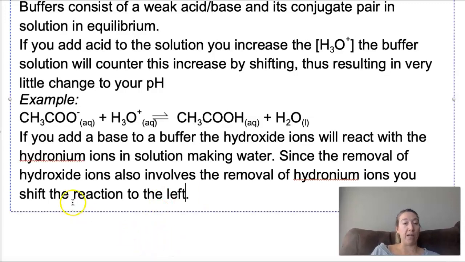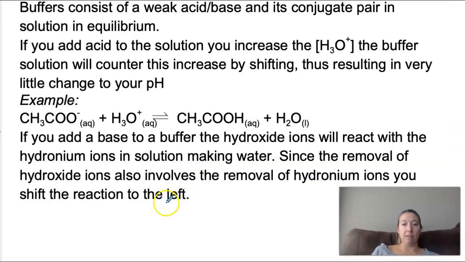And obviously I didn't write it the other way, so sorry. But if you could change that down here so that it does say left, right? That's because by adding hydroxide, we're going to react with hydronium, which is going to lower the concentration of hydronium. The system is going to want to shift to the left to be able to increase the concentration of the hydronium.